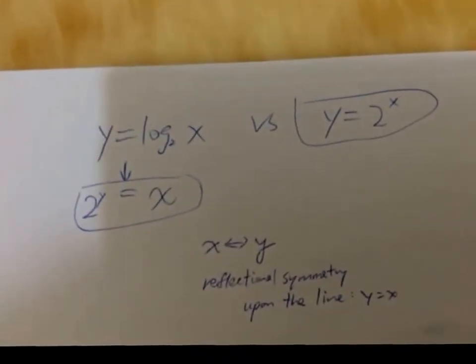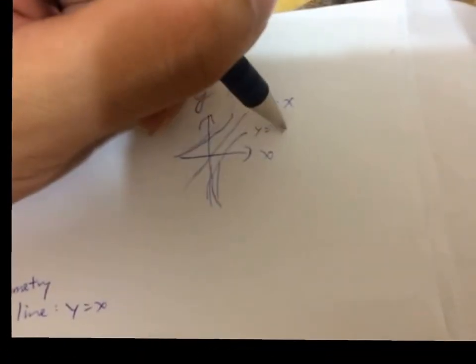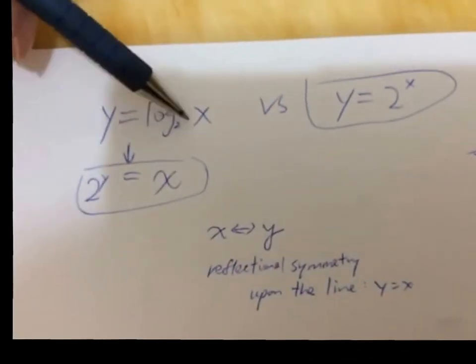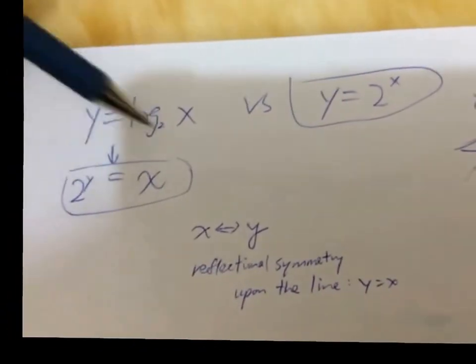At last, we compare these two. These two also have reflectional symmetry about the line y equals x. This one is y equals 2 to the power x. This one is y equals log x with base 2. But log and exponential can be exchanged for each other, because y equals log x base 2 means 2 to the power y equals x.